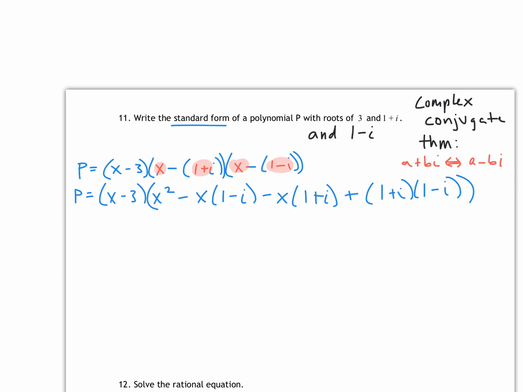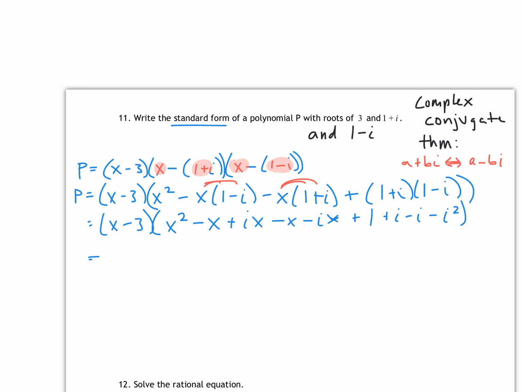Now we can distribute some things in that second set of large parentheses there. So I know I can distribute that negative x and that negative x. Let's do that. So I have x minus 3, x squared minus x plus ix, and then minus x minus ix. Distribute this with FOIL, 1 plus i minus i squared.